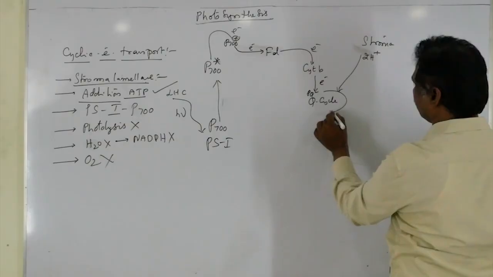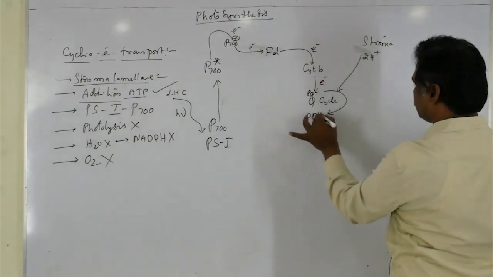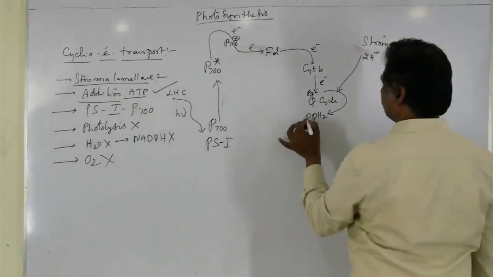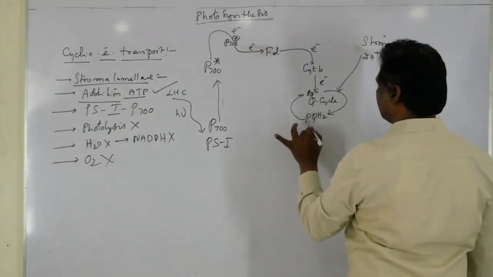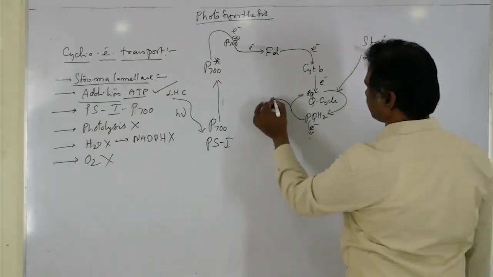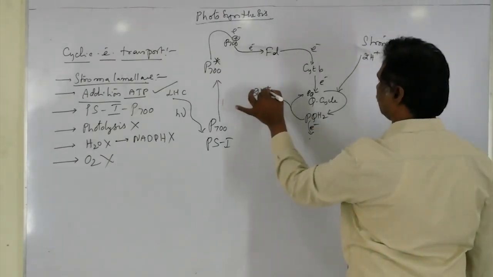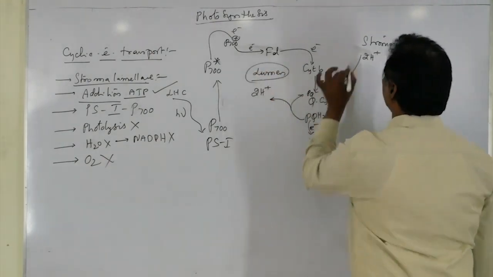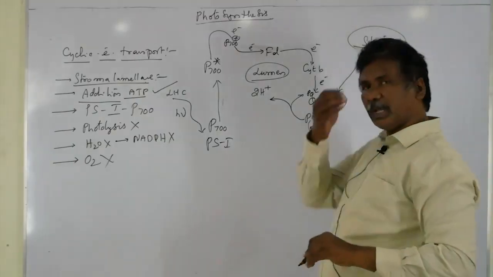It is reduced into PQH2. When it is oxidized, it releases the electron, and 2 protons are translocated into the lumen. Inside is the lumen, outside is the stroma.